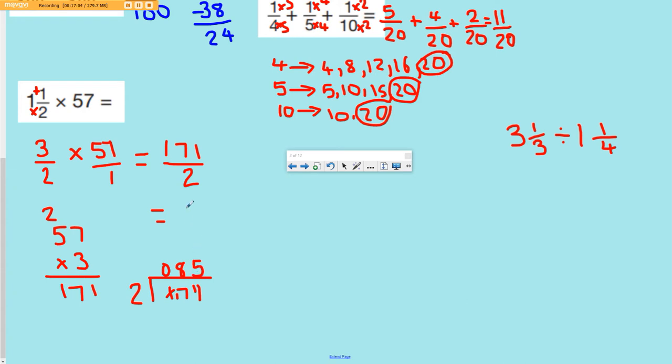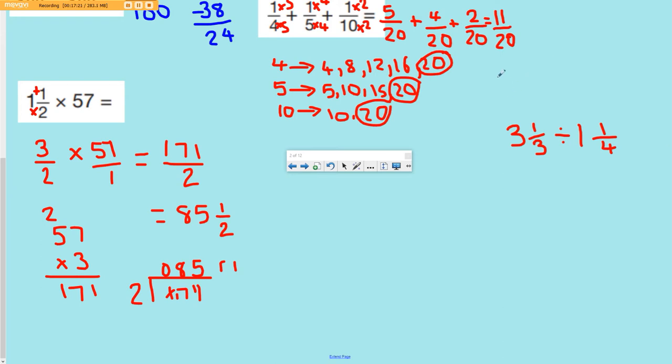So we've got 85, and then we've got the remainder 1. So we get 85 and remainder 1 upon 2. Hopefully you've got that one.